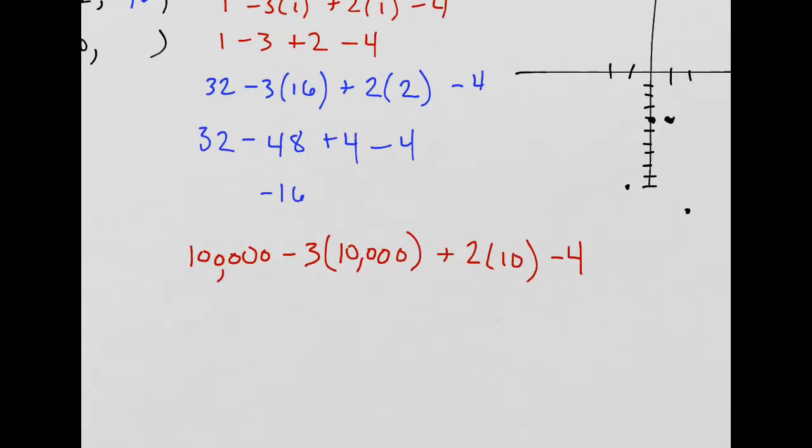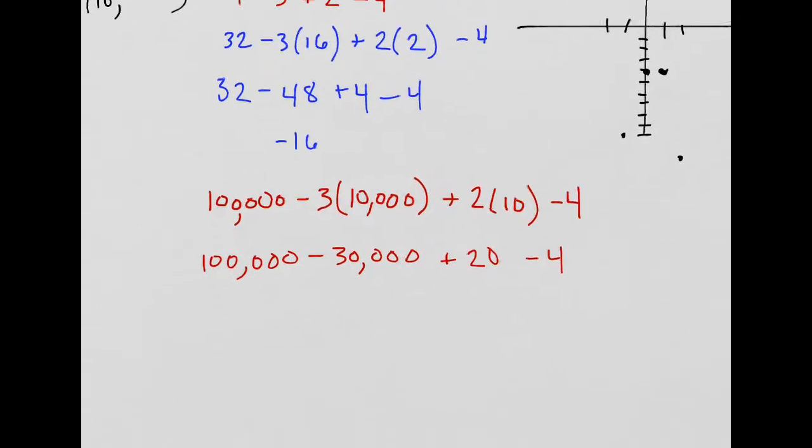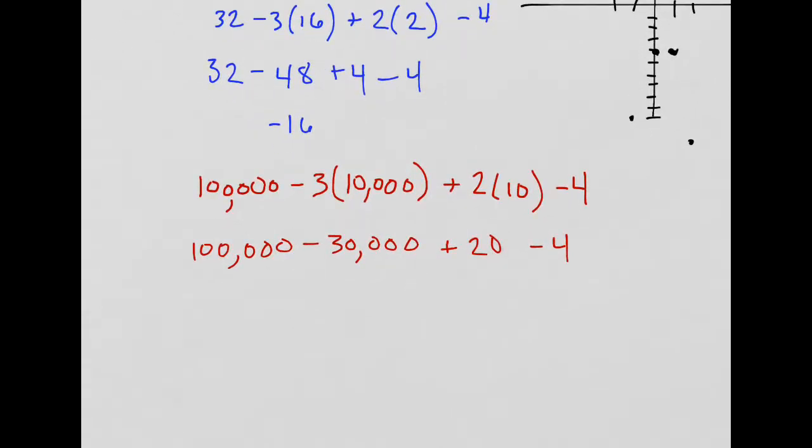Okay, well that's 100,000 minus 30,000 plus 20 minus 4. What happens? What is this? 100,000 minus 30,000 plus 20, minus 4.